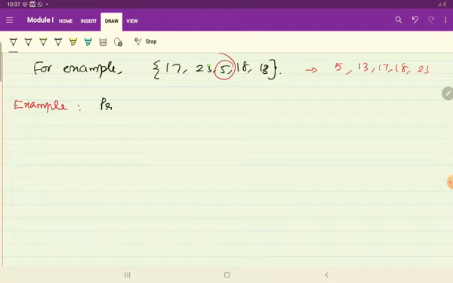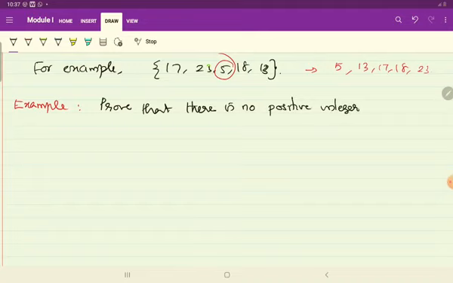We can consider one situation. Prove that there is no positive integer between 0 and 1. In number theory, or in any proof, we can also try the method of contrapositive.